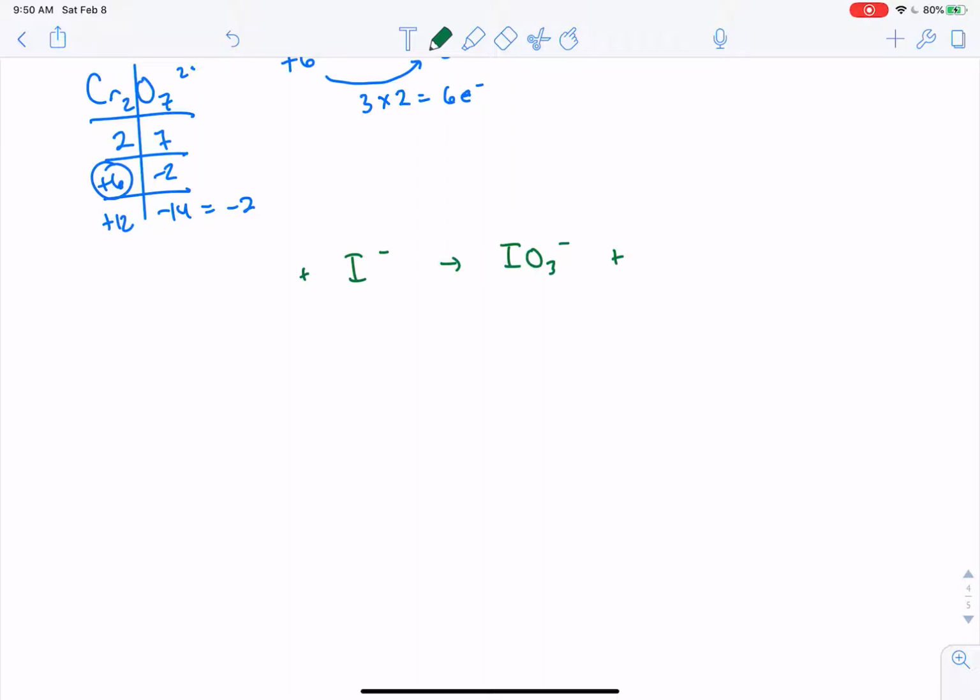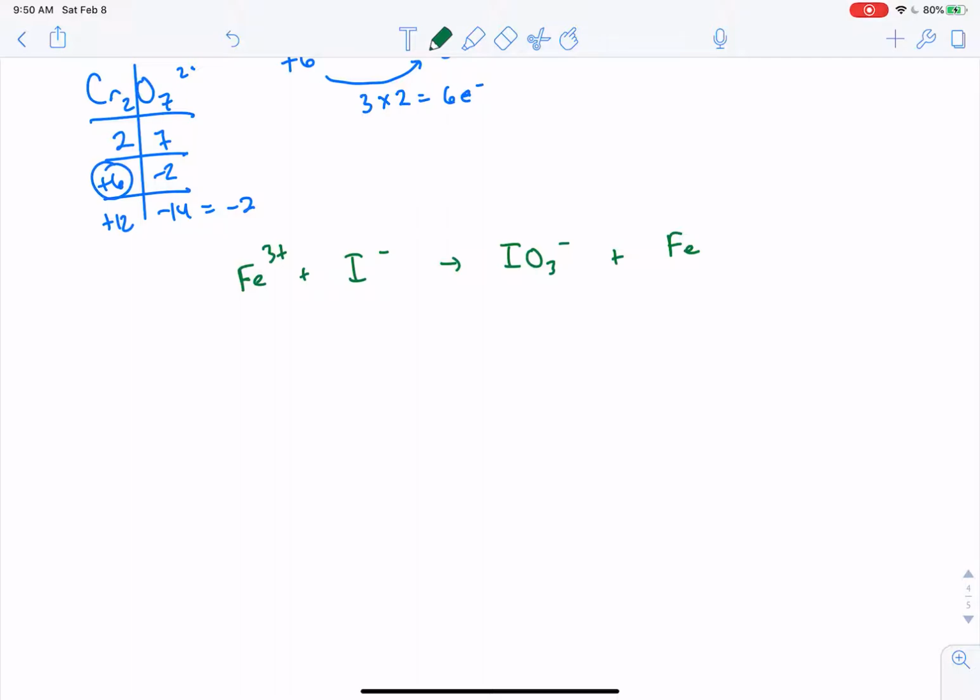I'm trying to find one that's easy to do. Something like this. Wait. No, I have it backwards. Sorry. Okay, I have it backwards. So I'm just making up this reaction on the fly, so I want to make sure I did it right.